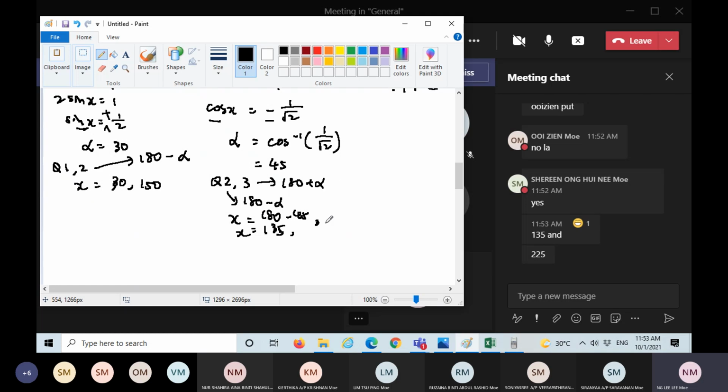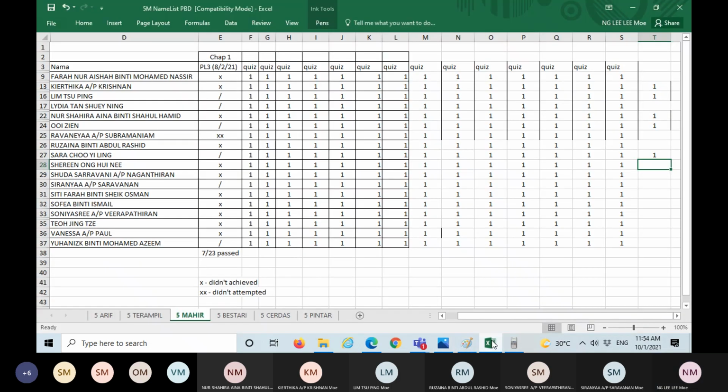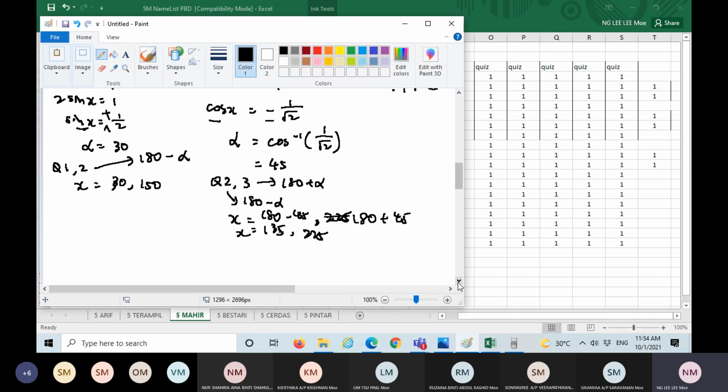Okay, she said is 225. Which is 225 I should write here, which is 180 plus 45. So correct, Shereen, very good. And next come to Sudha already.